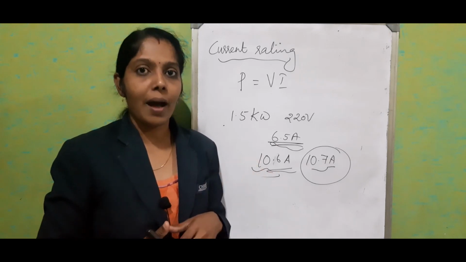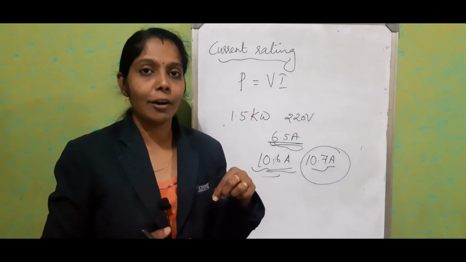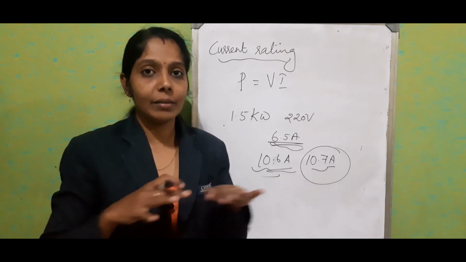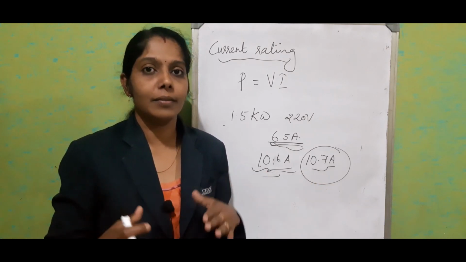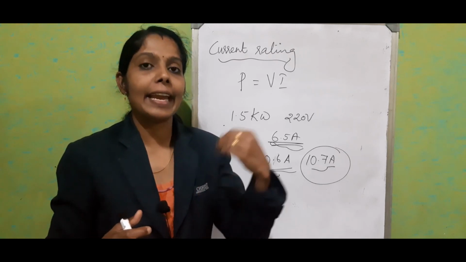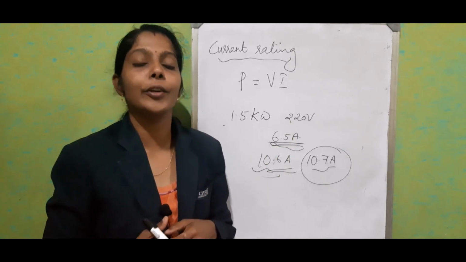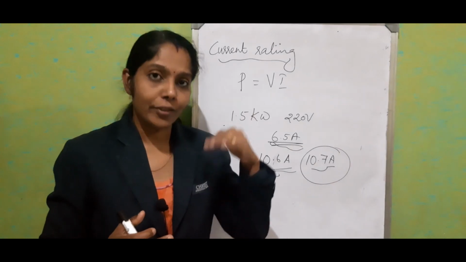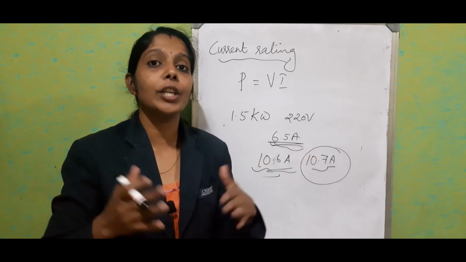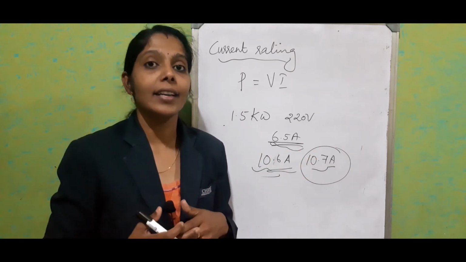If excess current passes through the circuit, it will trigger off automatically for a few seconds, till the current comes to the normal value. Then automatically after a few milliseconds, it will come back to the normal position. That means by triggering down, it breaks the circuit. By triggering up, it rejoins or completes the circuit.